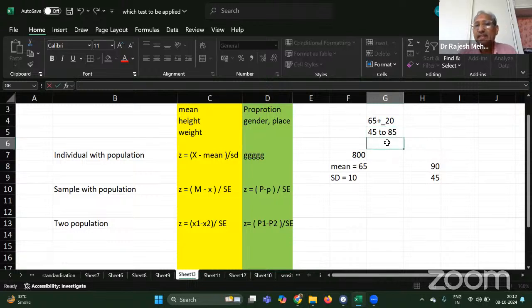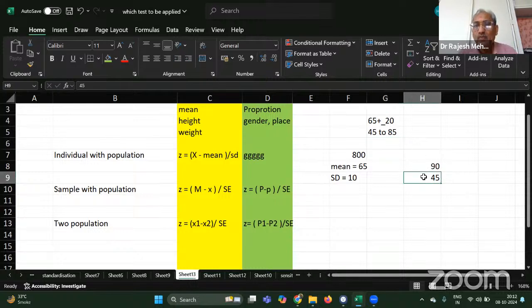This will be the range in which 95% of students will fall. Now here the 45 is almost on the border, we can say that is within the group, while the 90 is exceptionally high scoring. In the same way, suppose this is 49, you can say it is not exceptional, it is within the group.